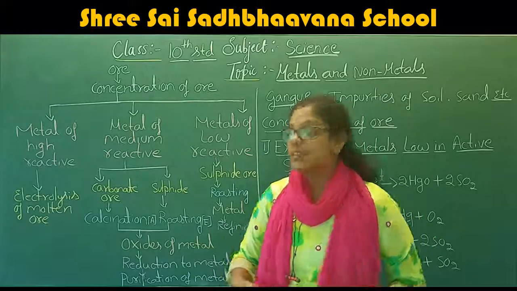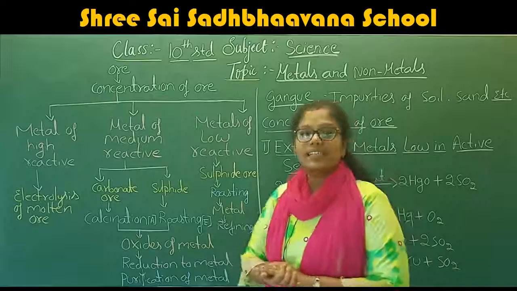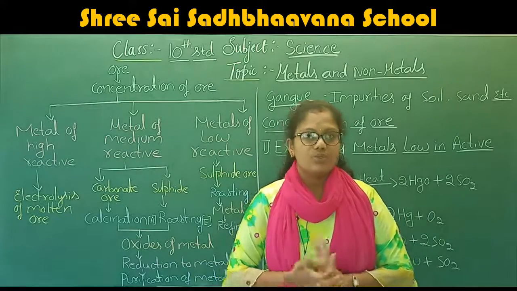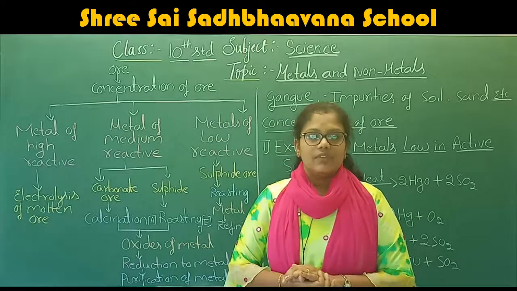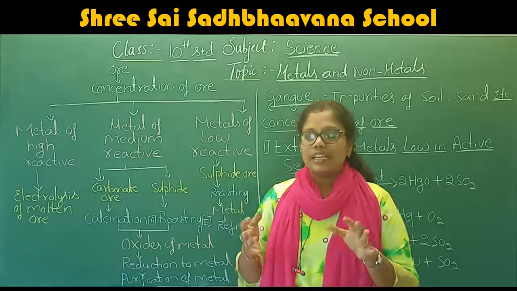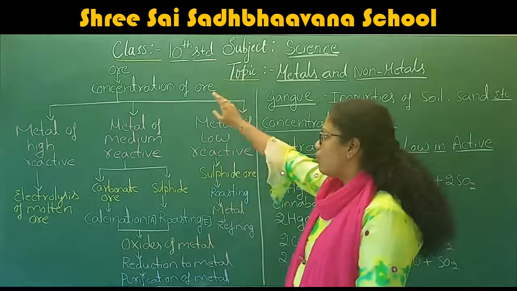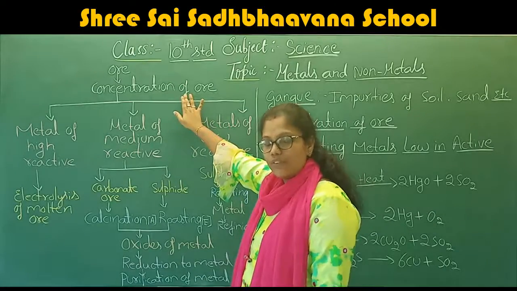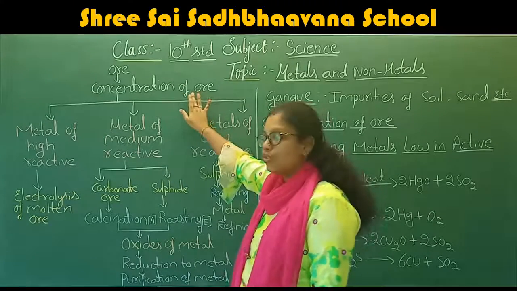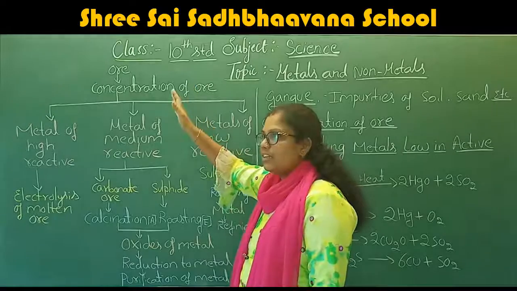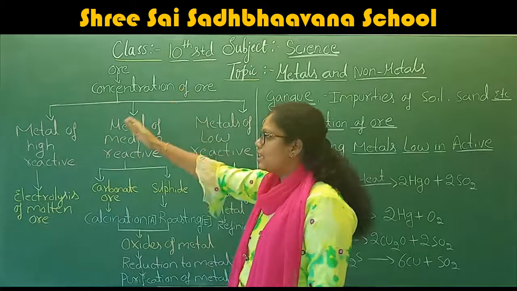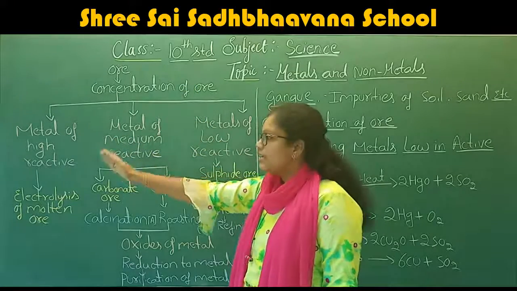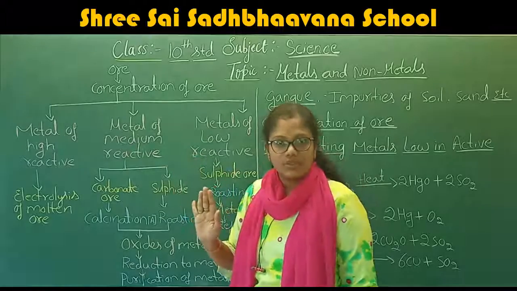These are the steps involved in the extraction of metal from the ore. One more time I will explain the extraction of metal. First, the ore is converted into the concentrated ore. After that, if the ore contains a metal of high reactivity, we just undergo the electrolysis process.